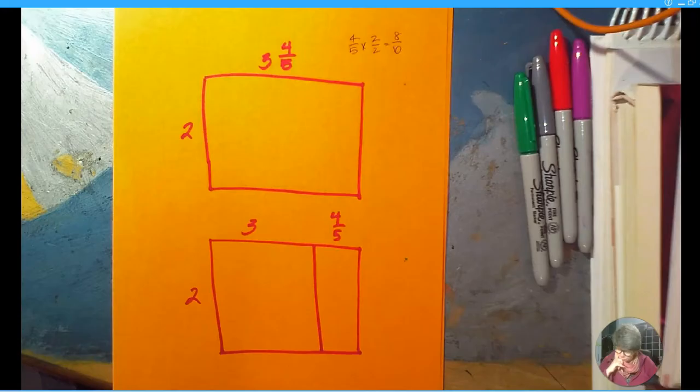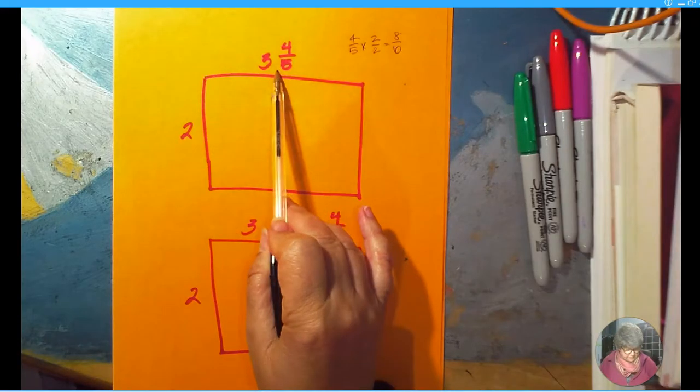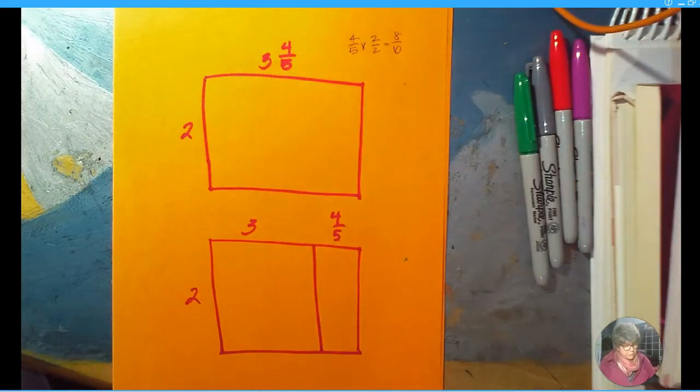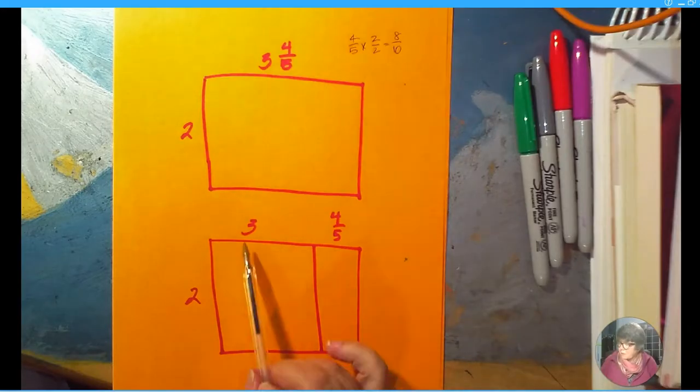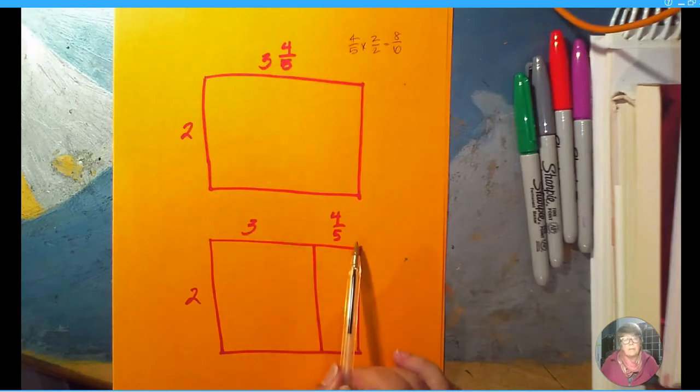So this is 2 times 3 4/5. Okay, and here I have it written in another way. Can we use either one of these? What's the difference? It's by place value, right? So we have our 3, and then we have our fraction.